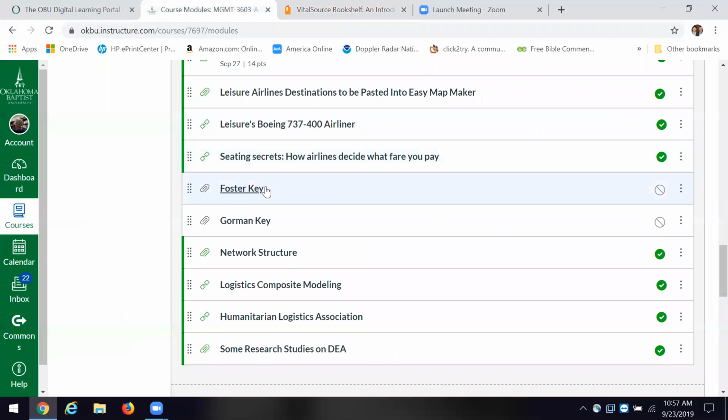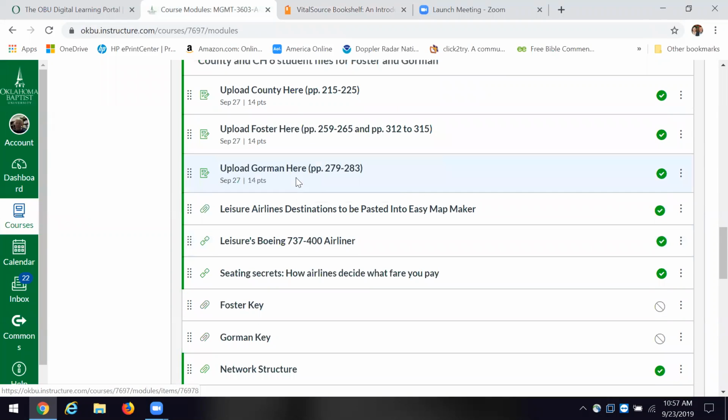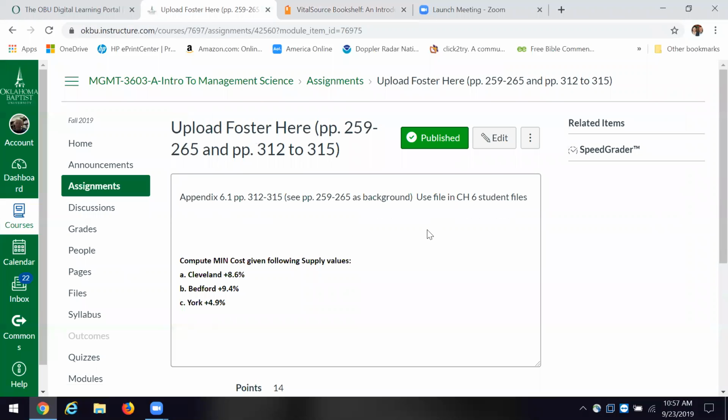And before I do that, I'll just show you what I'm after. Each week I'll ask you to use the files over in this Chapter 6 folder. It's Foster. And I ask you just to manipulate some data, just so you see the model and you understand.